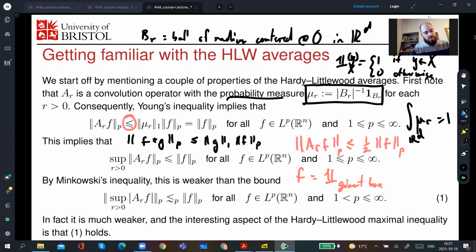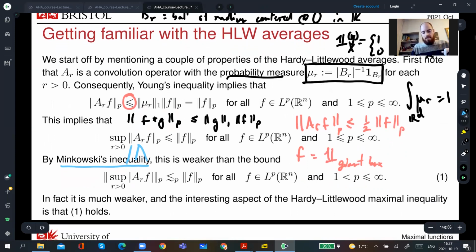Minkowski's inequality tells us that this one, where I take the supremum before taking the LP norm, is bigger than taking the LP norm and then the supremum.